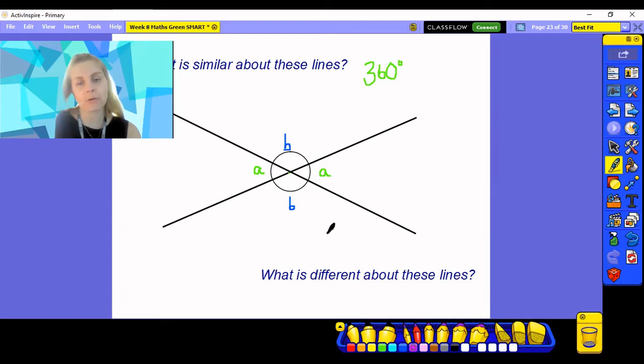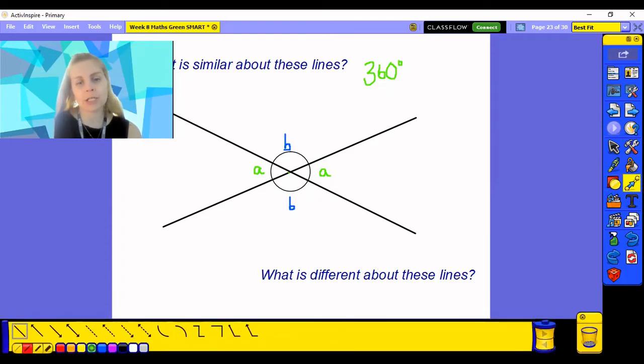You can see, and I'll try and get that in a different color so you can spot that quite clearly. If I divide up with our line here, the way our line intersects the other one, you can see we've got a straight line, so made up of A and B, or B and A, totaling 180 degrees, and obviously around that point will be 360 degrees.